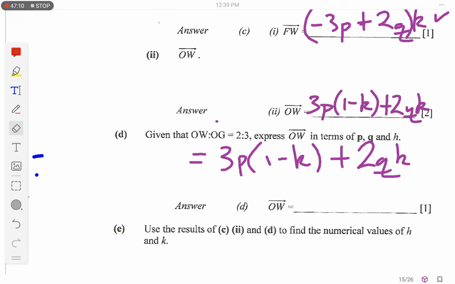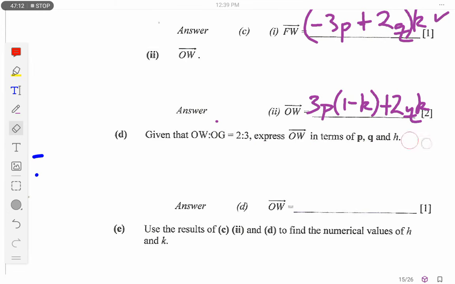Okay, let's move on to the next question. We are given now that OW to OG is 2:3. Then they are saying express OW in terms of P and Q, so it means we are going to use this ratio that we have been given.